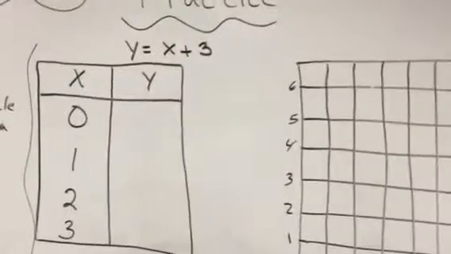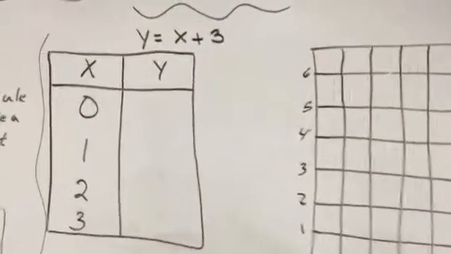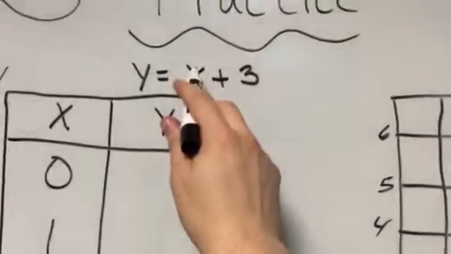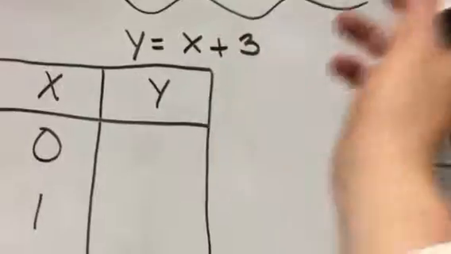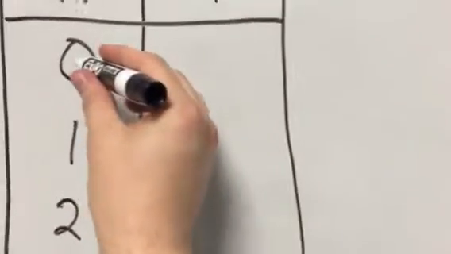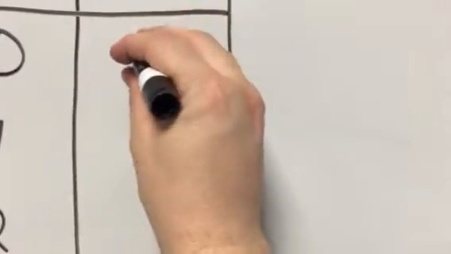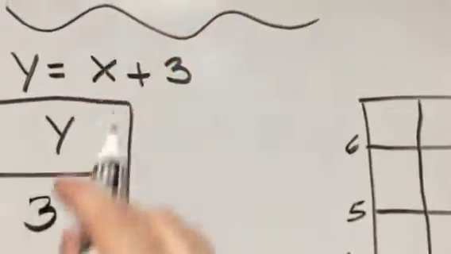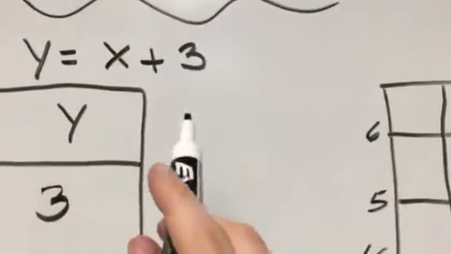I have the rule y equals x plus 3. So whatever x is, it's 0 right now. So we've put a 0 right there. 0 plus 3 is 3. So when x is 0, y is 3. Our next one is 1. When x is 1, I have 1 plus 3 is 4.